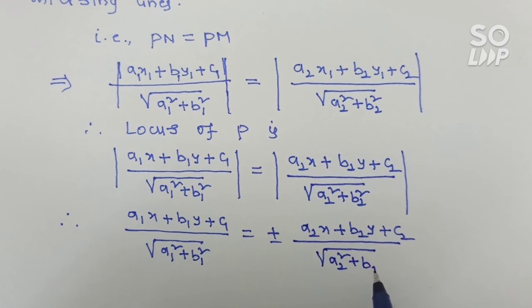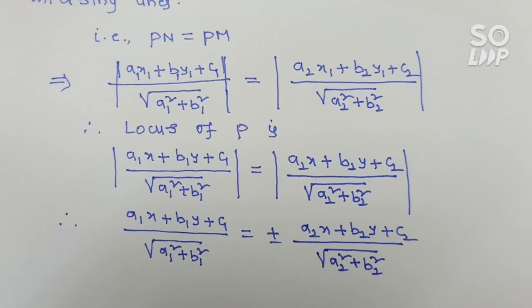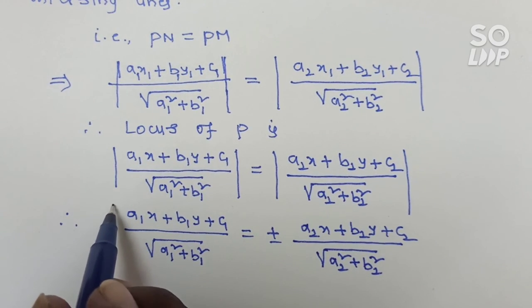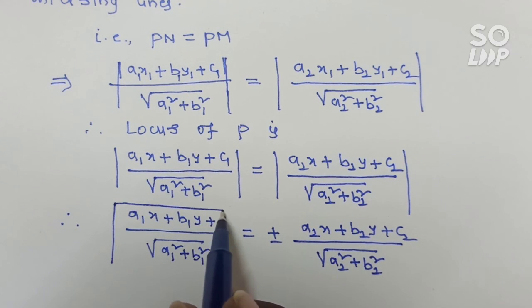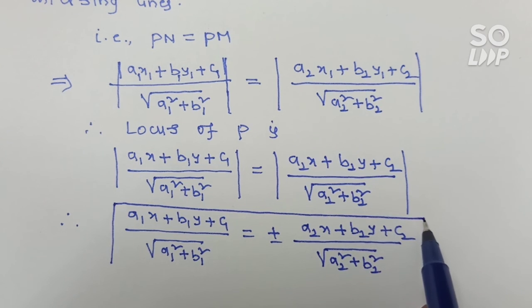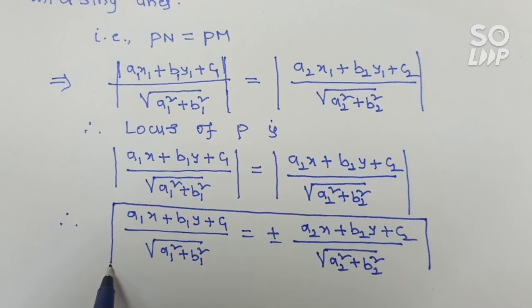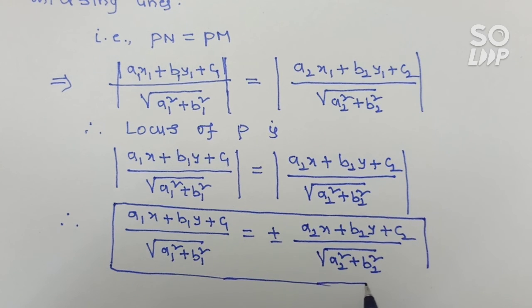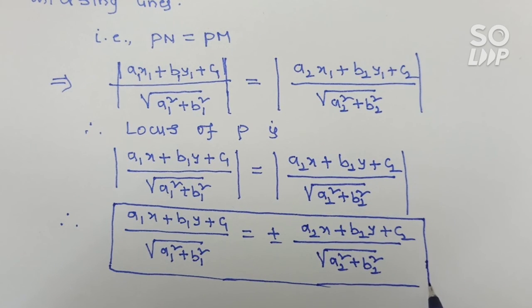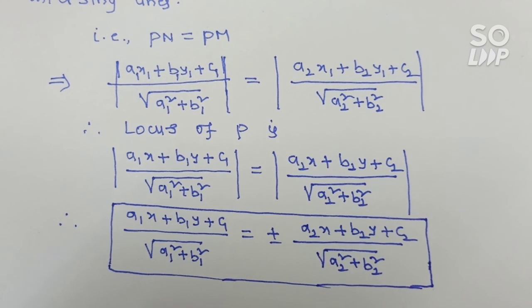This is the equation of the angular bisectors of the two intersecting lines a1 x plus b1 y plus c1 equals 0 and a2 x plus b2 y plus c2 equals 0.